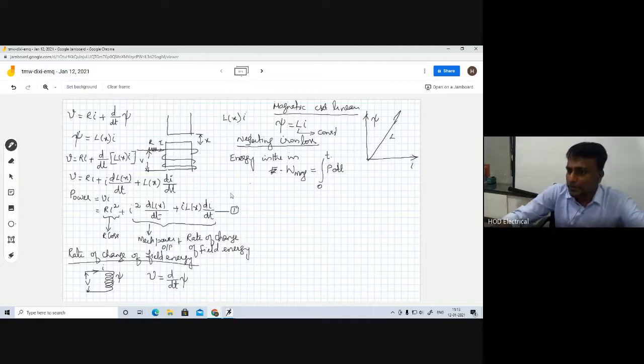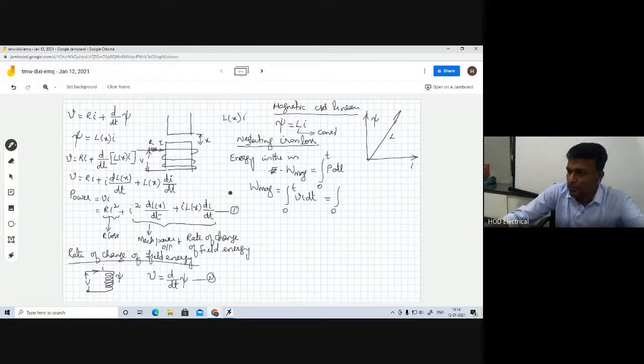So W is equal to the integral from 0 to t of V into I into dt. Already we know what the voltage is.